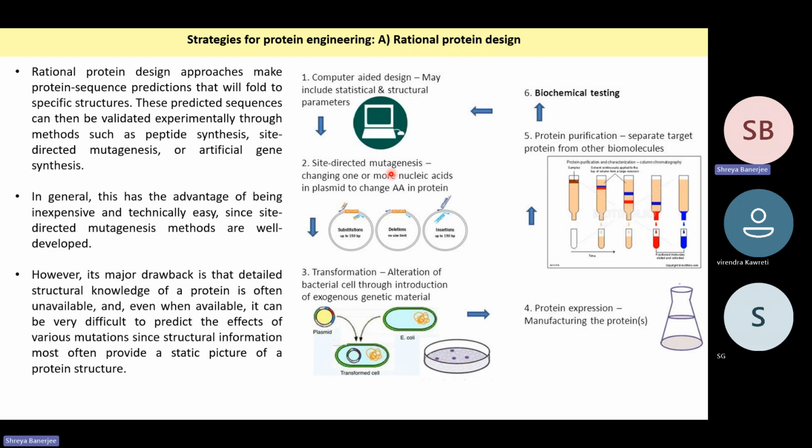So like this, we can carry out site-directed mutagenesis. So we have the original sequence. Now, the original sequence can be synthesized. Now, if we want to mutate residues in the original sequence and find out whether that increases or decreases the activity, that is site-directed mutagenesis.